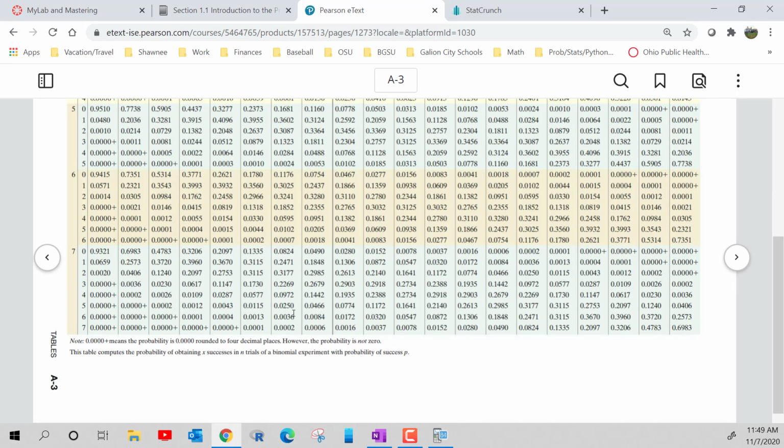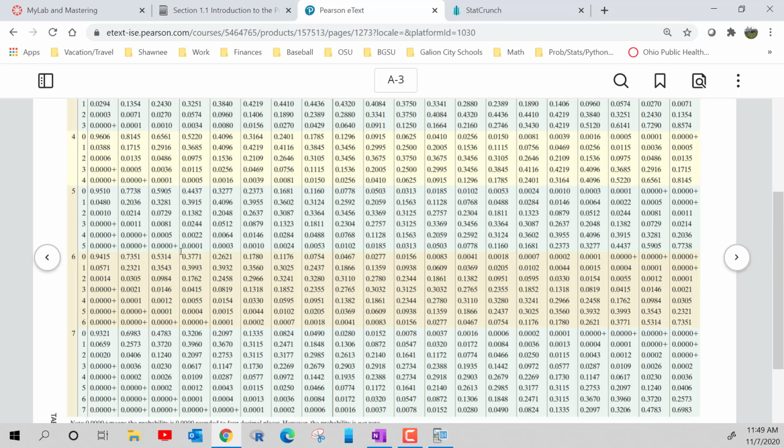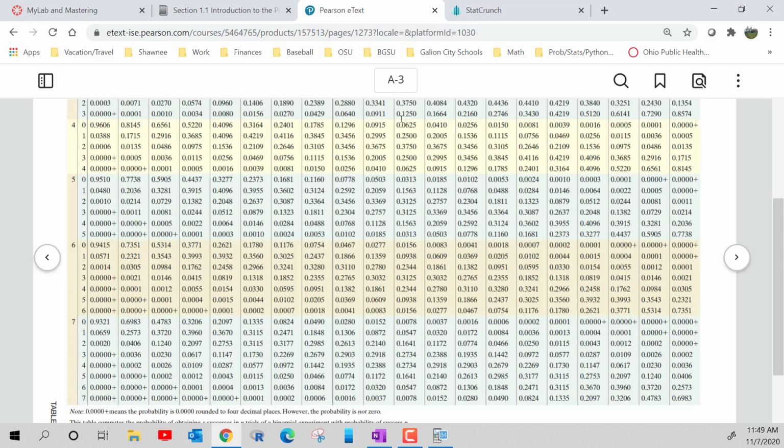So I can use this first page in this table. My p-value was 0.5, so I would be in this column. So I'd have to add up these values of 4 through 7.